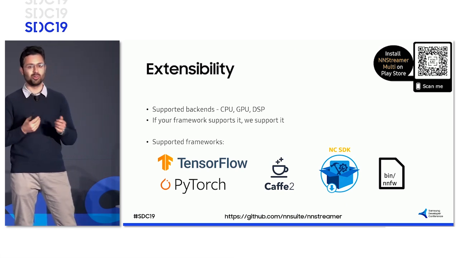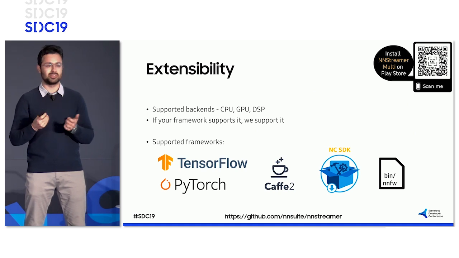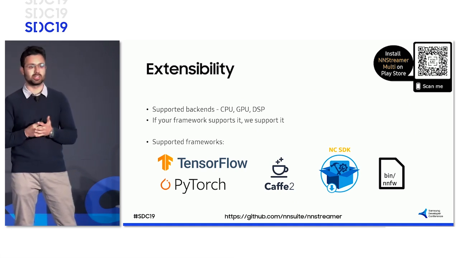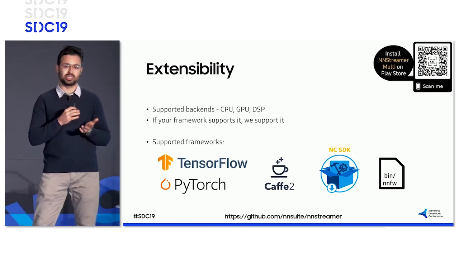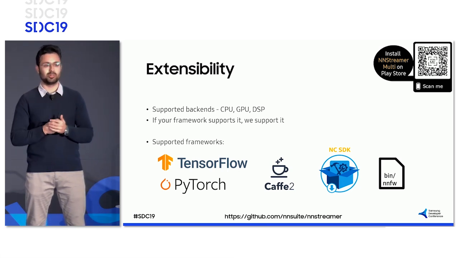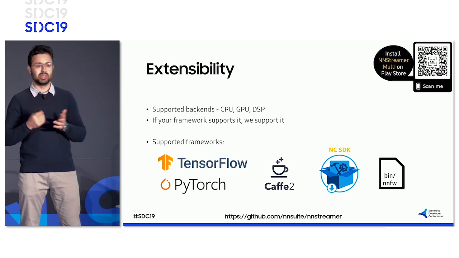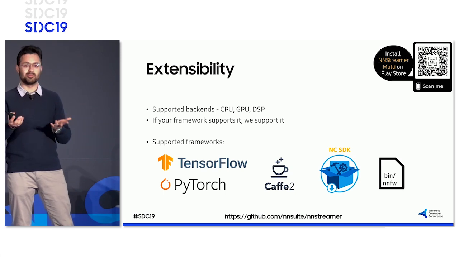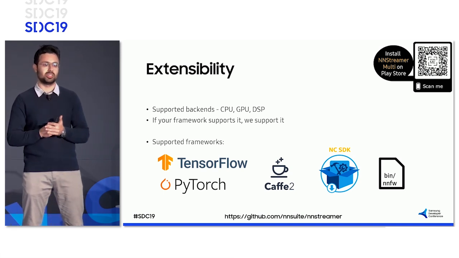If you have your own custom layers, like this is a very common use case that people write their own layers inside the framework. They have a specialized layer doing their operation, and they want to support those layers with the platform, then that is also supported. You directly bring in your compiled binary of the framework, and you link it with NNStreamer. And those custom layers or your backend are also supported then.